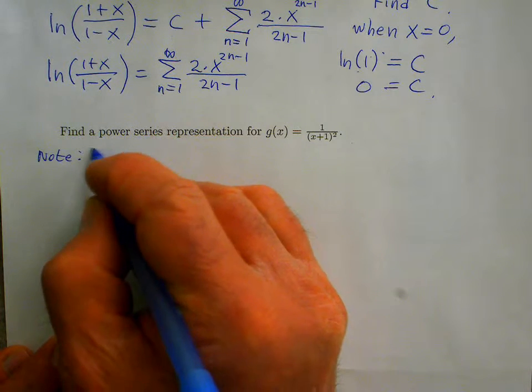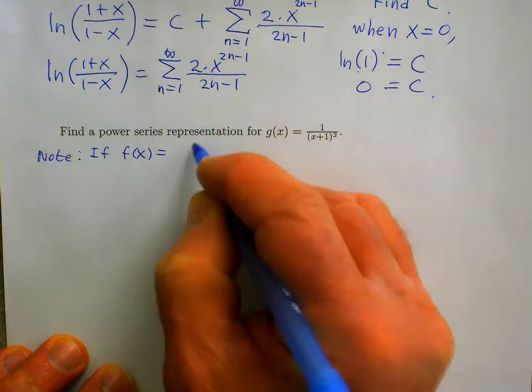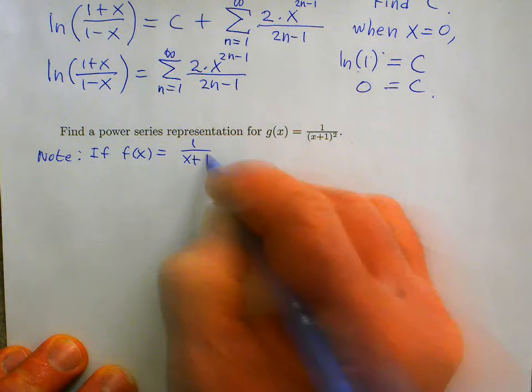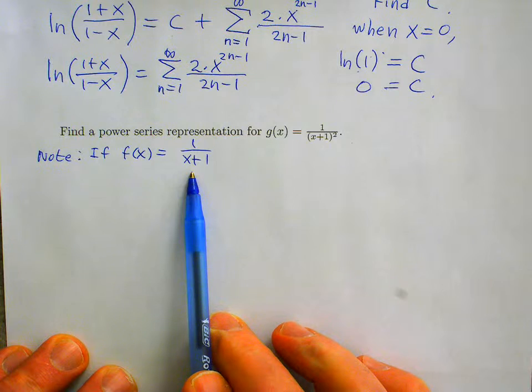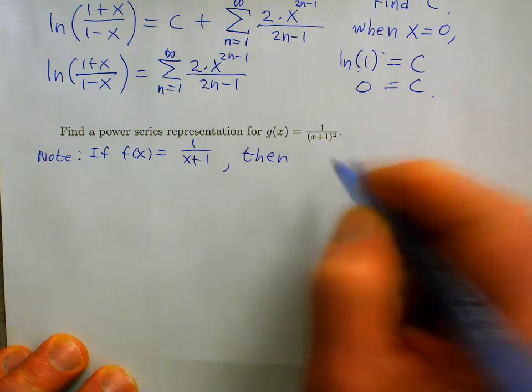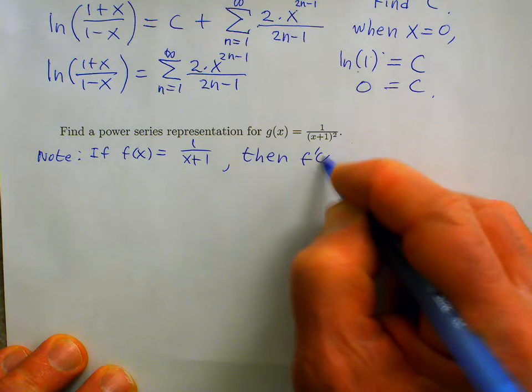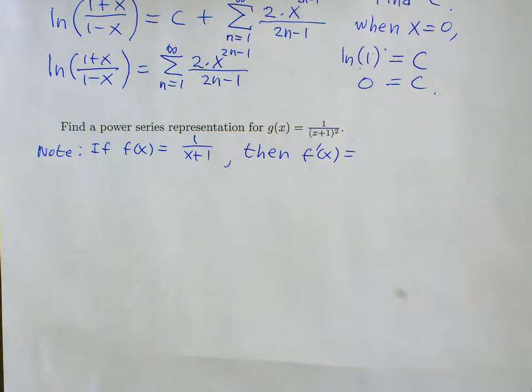Note, if f of x is 1 over x plus 1, we know what the power series expansion is for 1 over x plus 1. Then what's the derivative of f of x? Is it g of x?